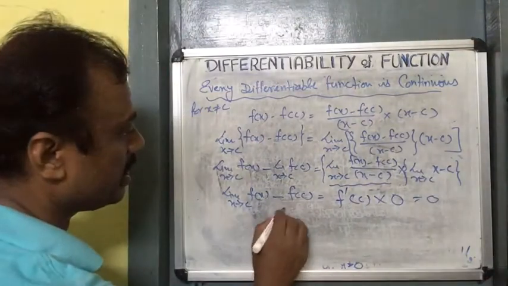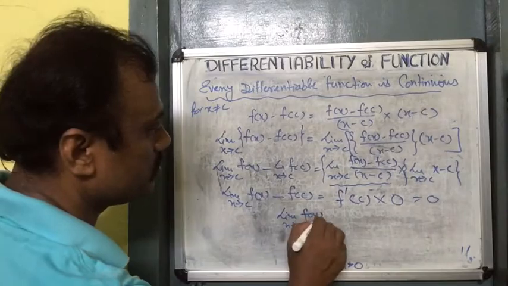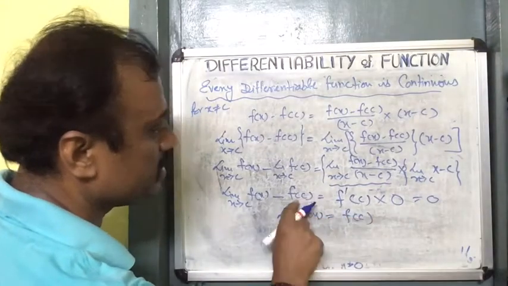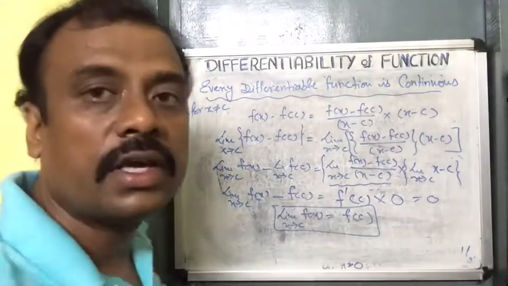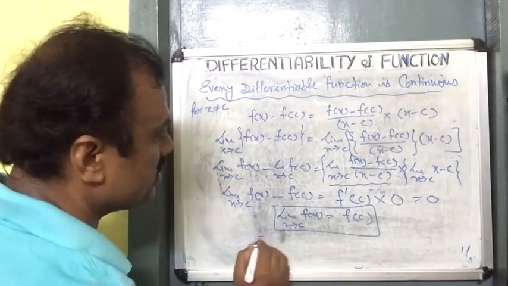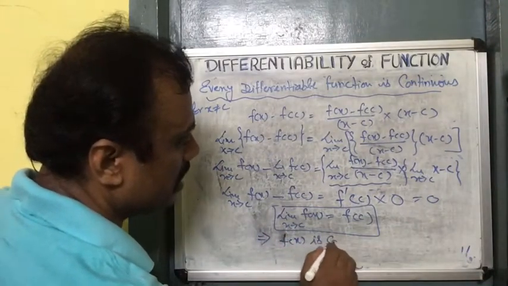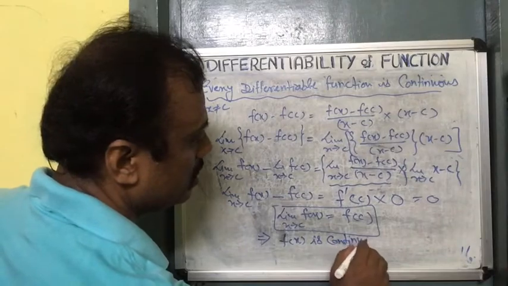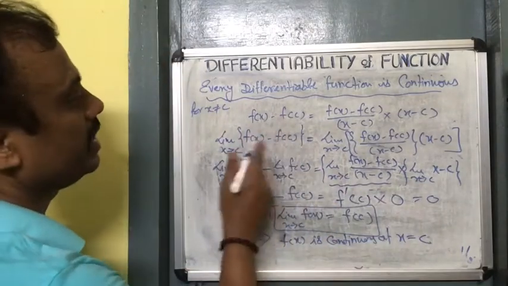Now we can write limit x tends to c f of x equals to f of c, sending that side, which is the condition for the continuity of a function. That implies that f of x is continuous at x equals to c. We have taken what?